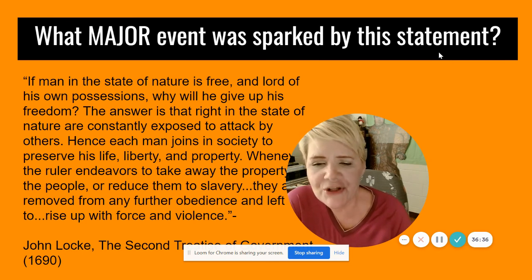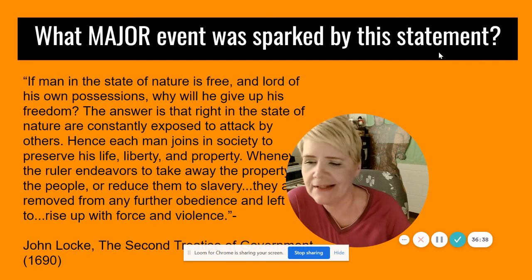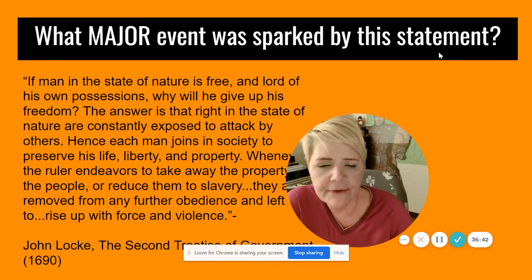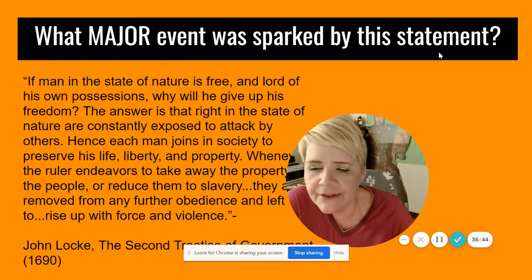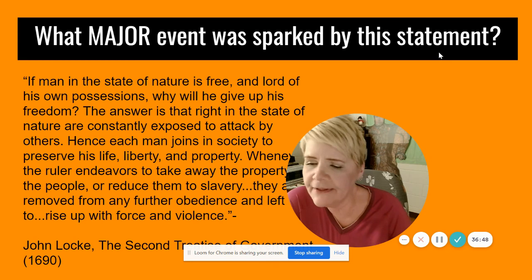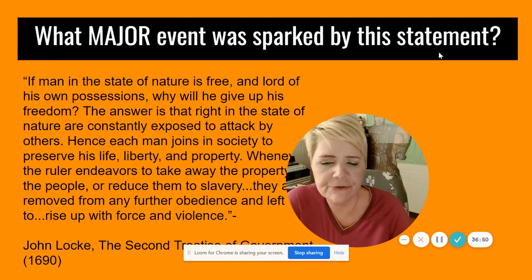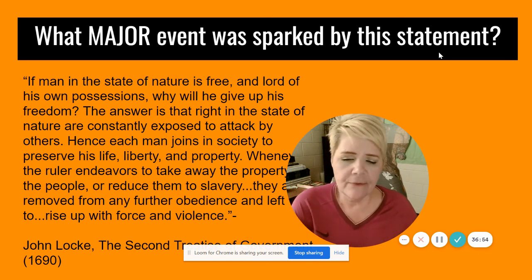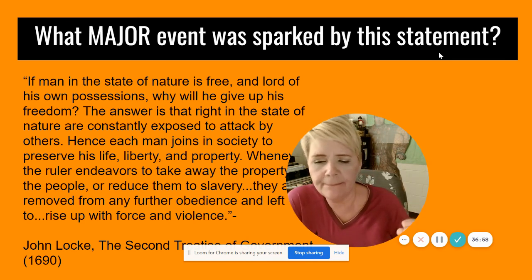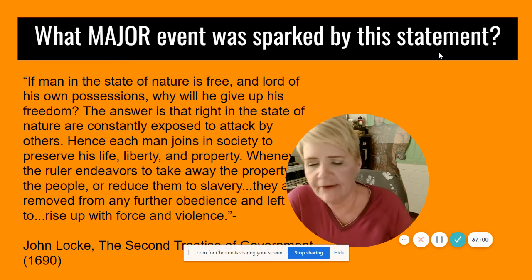Hence, each man joins in society to preserve his life, liberty, and property. Where the ruler endeavors to take away the property of the people or to reduce them to slavery, they are then absolved from any further obedience and left to the common refuge of force and violence.